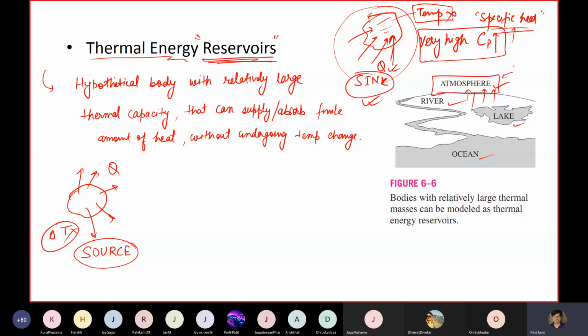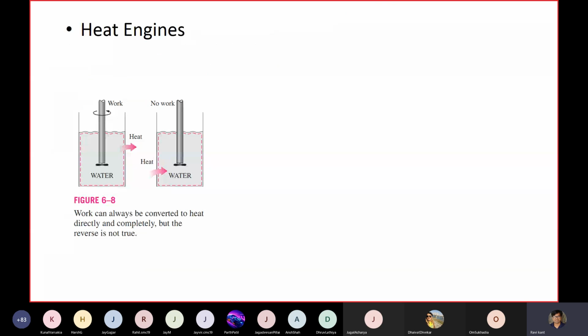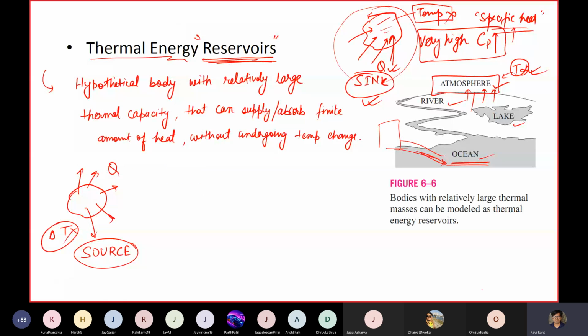Or you have a power plant beside a river or an ocean, and all the thermal energy is absorbed by this ocean without a significant increase in temperature. It stays the same. Okay, so it acts as a reservoir, called a sink.